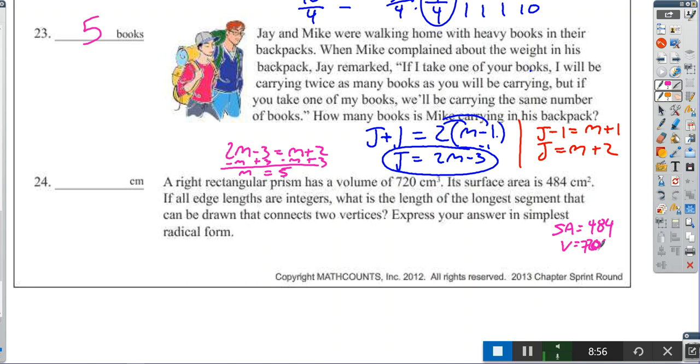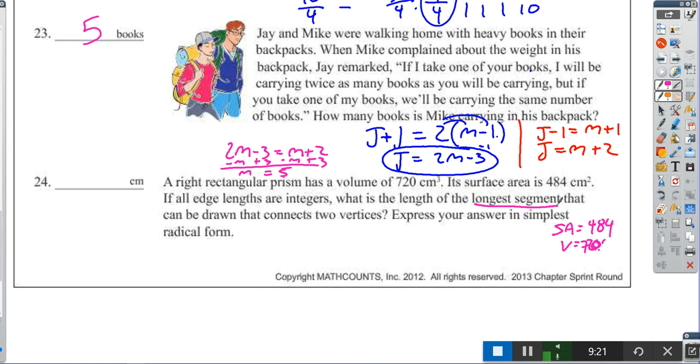Now 720 has a lot of factors, but I know this is the MATHCOUNTS sprint round, which means it can't be too difficult. I'm not looking for the actual dimensions, I have to do something with the dimensions. In particular, I need to find the longest segment that can be drawn to connect the 2 vertices. So that means it can't be super difficult numbers.